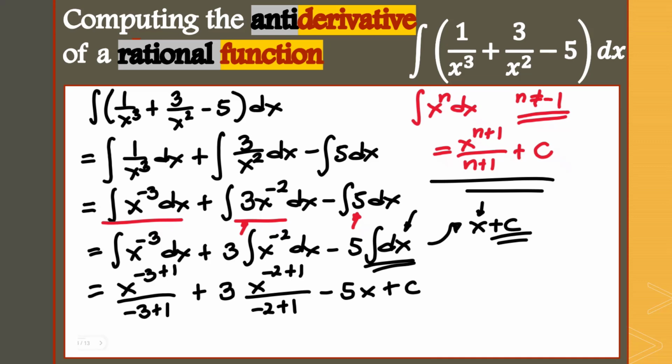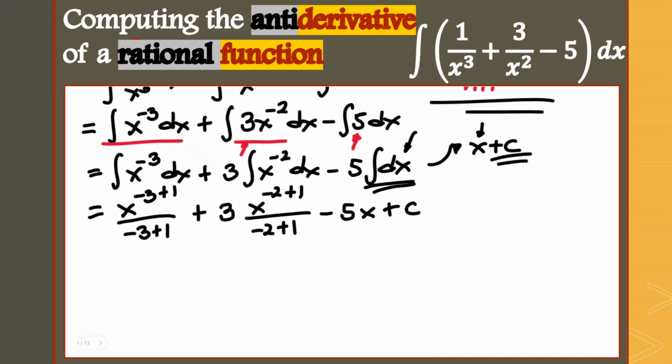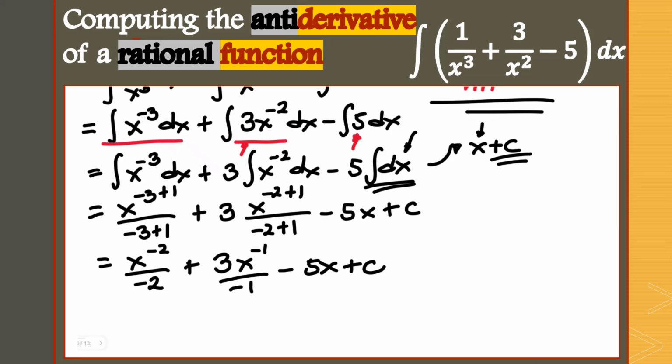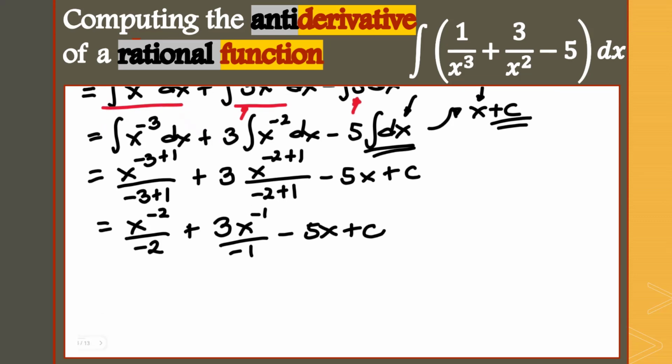Okay, so from here, let's now try to simplify the results. So you have here x to the power of -2 over -2, plus 3 x to the power of -1 over -1, minus 5x plus c. Let's apply the signs, and of course this is 1 over -2 or -1/2.